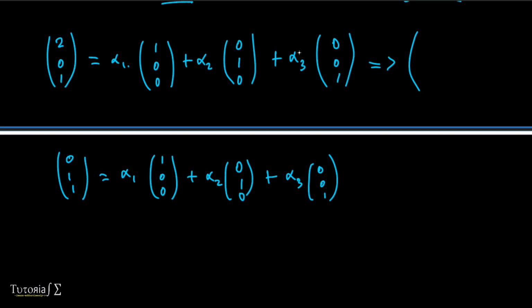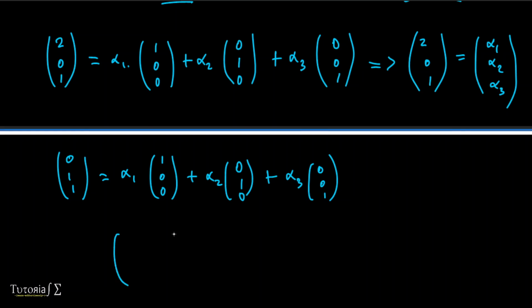So when you sum this, you just find that you have 2, 0, 1 equal to alpha 1, alpha 2, alpha 3. Okay, but this will not always be the case. But when you're dealing with a usual basis, it will be like that. And you see that alpha 1 corresponds to 2, alpha 2 corresponds to 0, alpha 3 corresponds to 1, meaning that for the first column, we have 2, 0, 1.